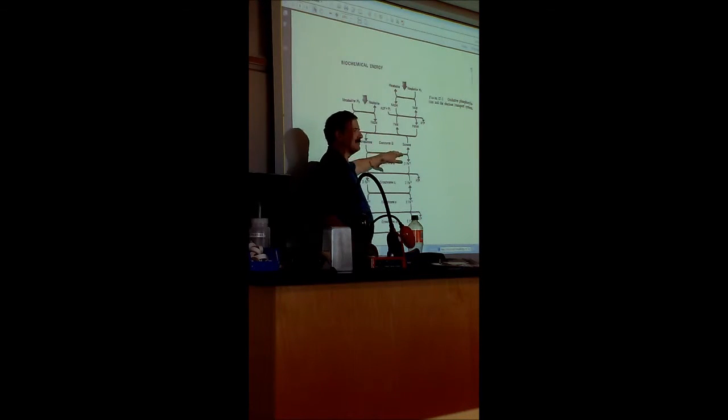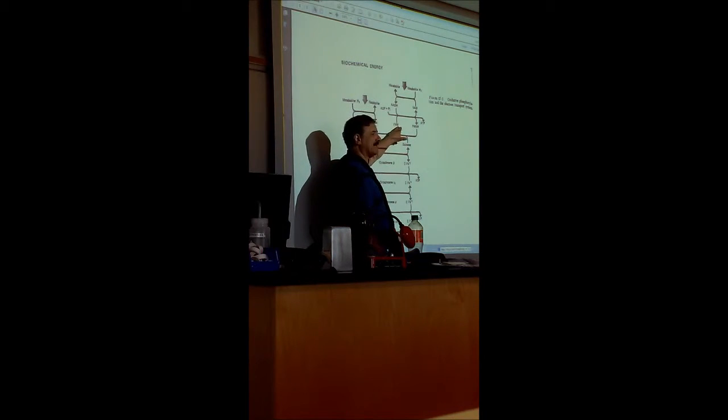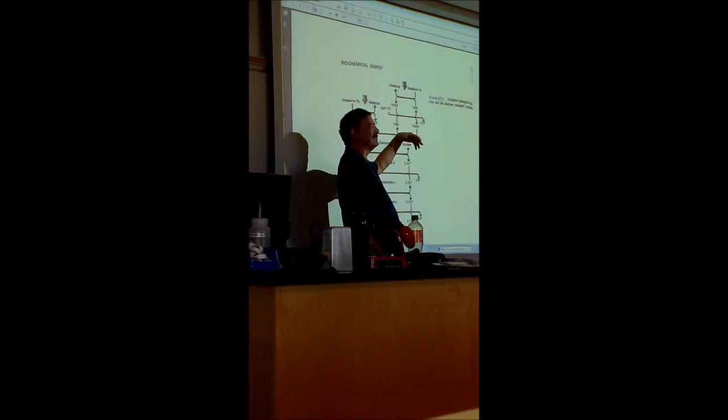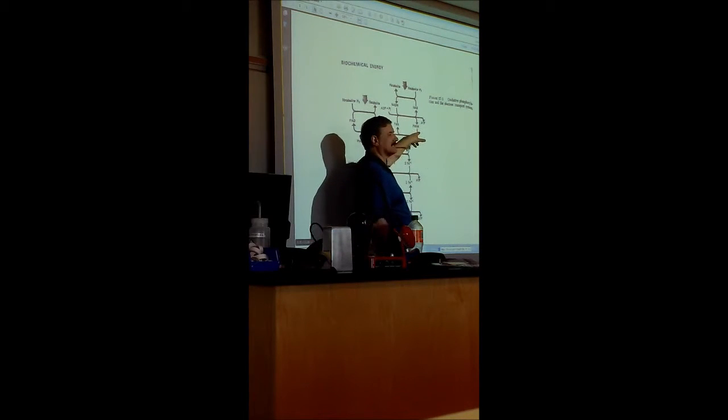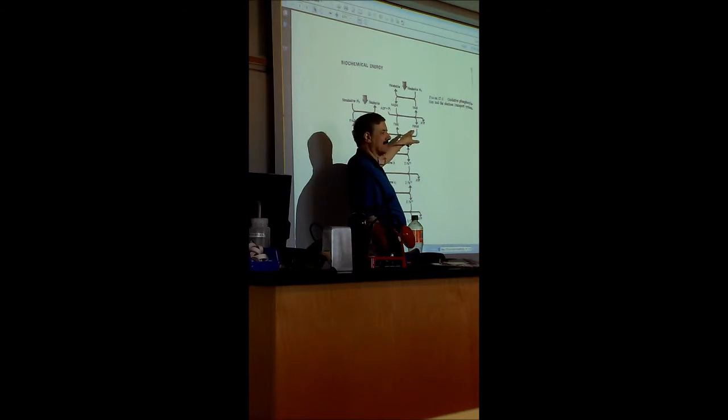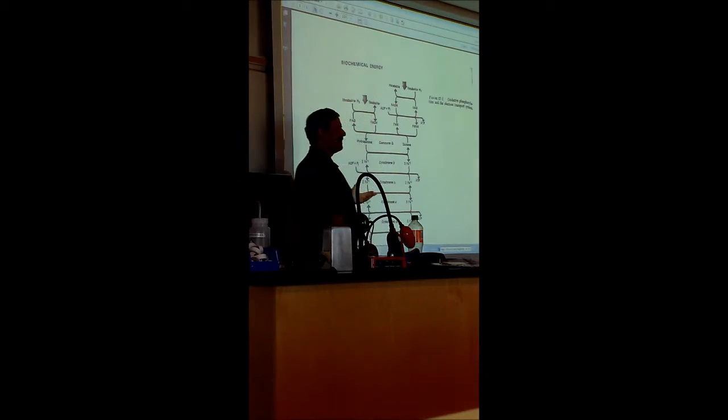Can you say that again? Can you repeat that? So FMNH becomes FMN. Correct. So what happened? It's reduced. Wrong. In losing the hydrogen, it's oxidized. In losing the electron, it's oxidized. In gaining the electron, it's reduced.